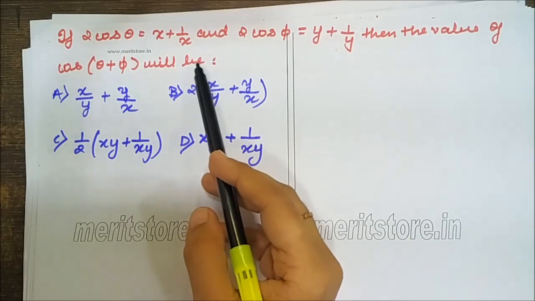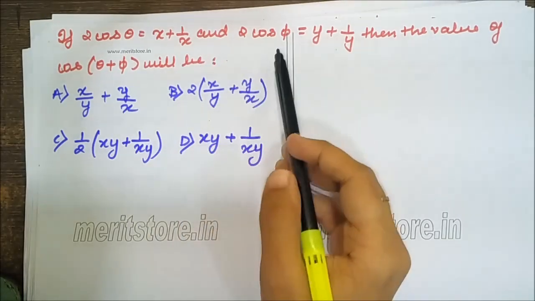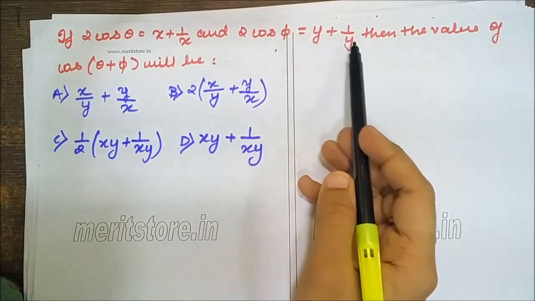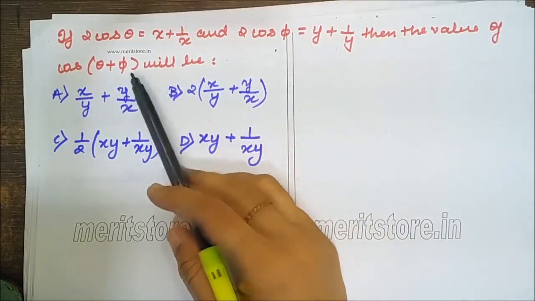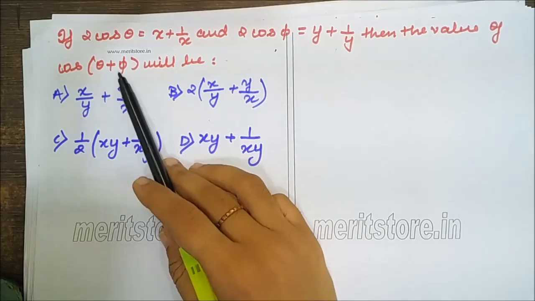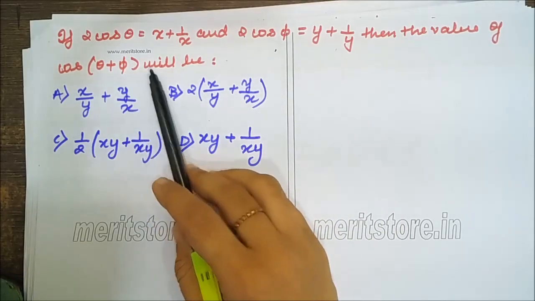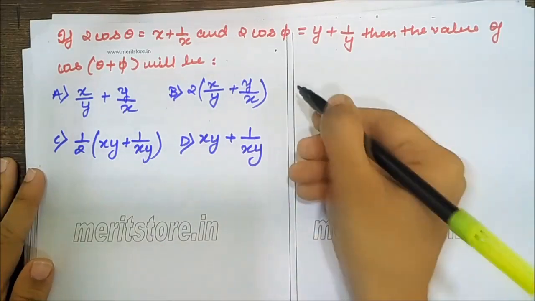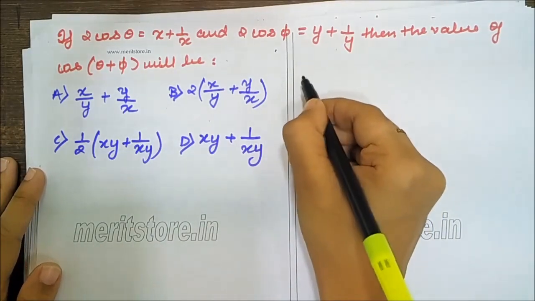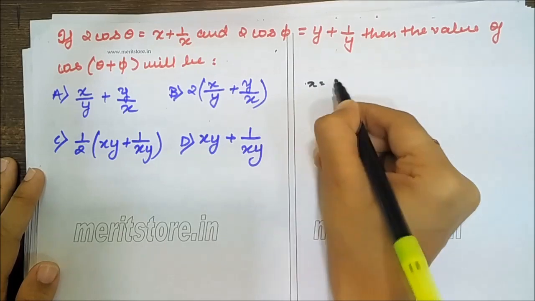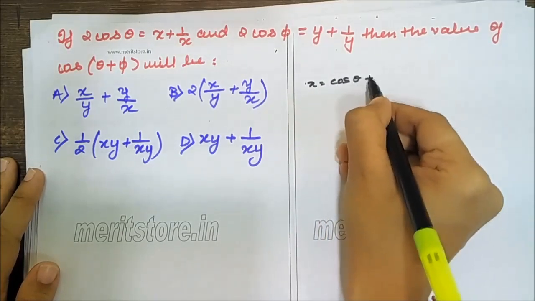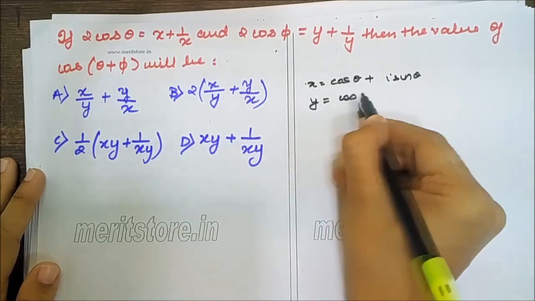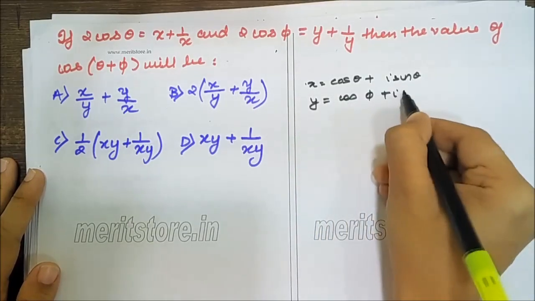If 2cos θ = x + 1/x and 2cos φ = y + 1/y, then the value of cos(θ + φ) will be, here you will solve the equation. Let's say x = cos θ + i sin θ and y = cos φ + i sin φ.